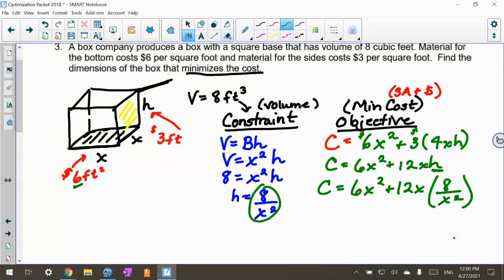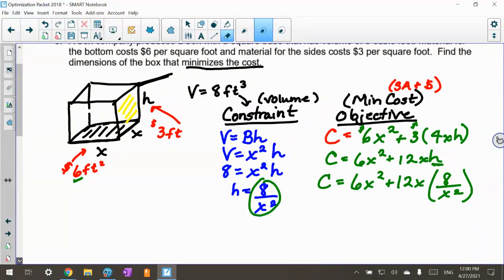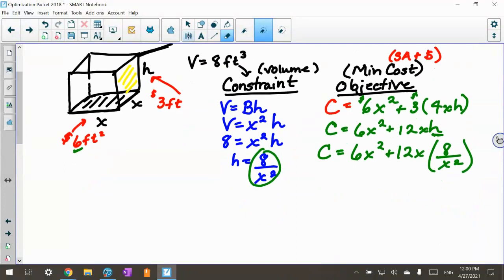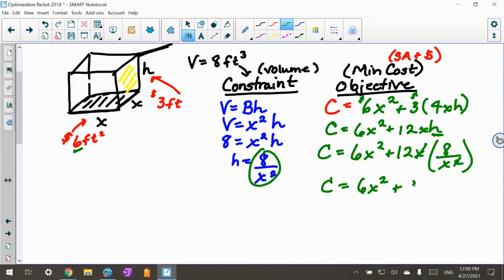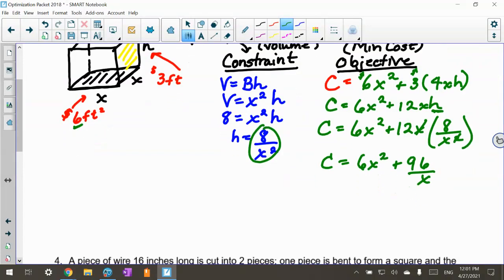Okay, now I'm going to continue simplifying this. So I see this crosses off. So my cost comes out to be 6x squared plus 96 over x. And I'm just going to rewrite it. So my cost equation is 6x squared plus 96x to the negative 1.